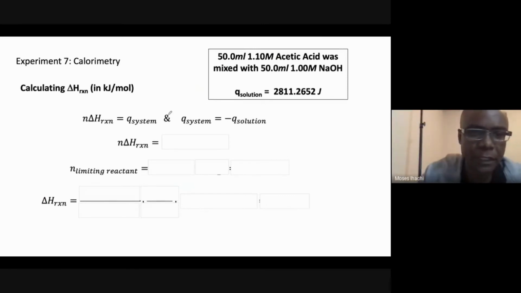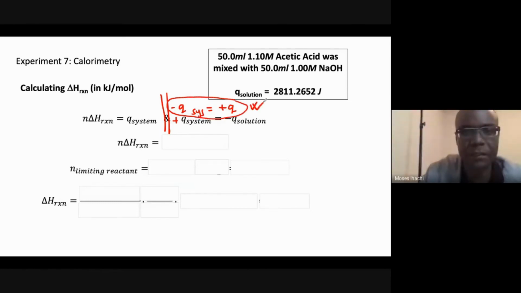So this is what I just explained right here. If Q of the system is positive, then Q of solution will be negative. If Q of the system is negative, then Q of the solution will be positive. And this is our case right now.